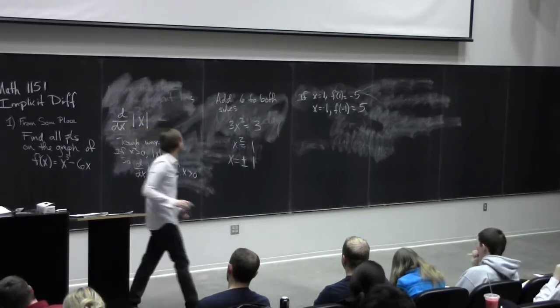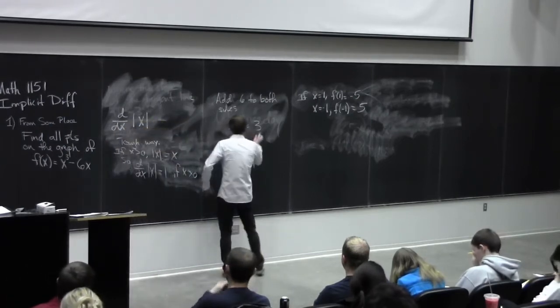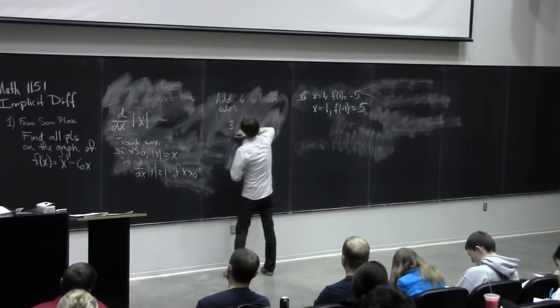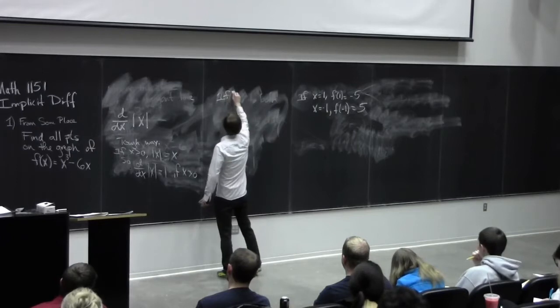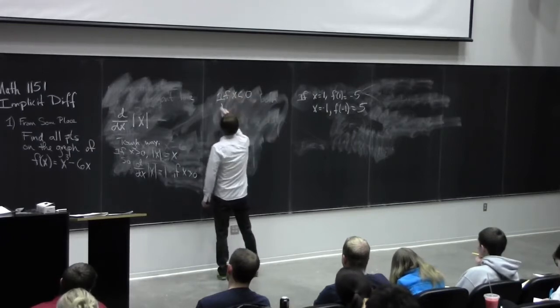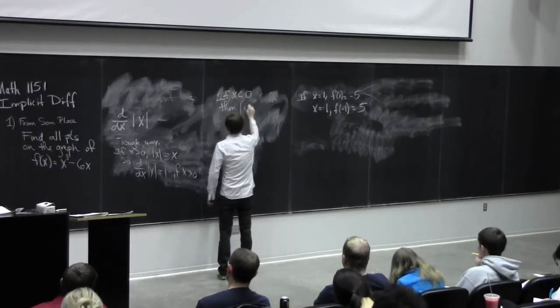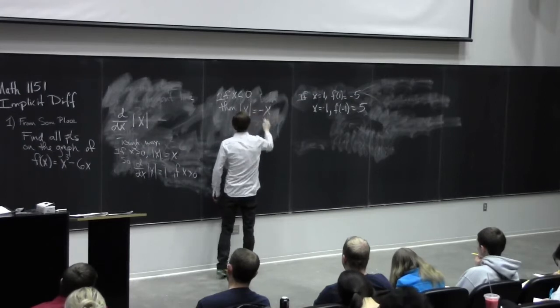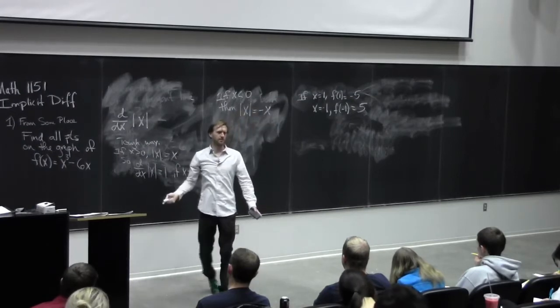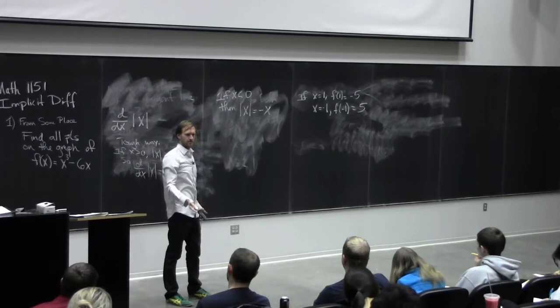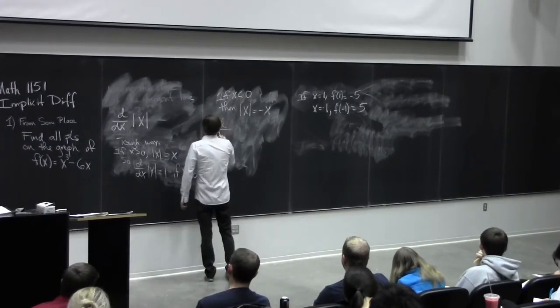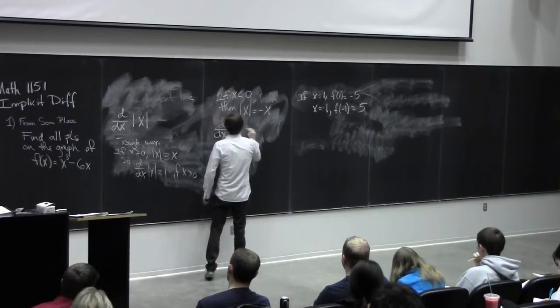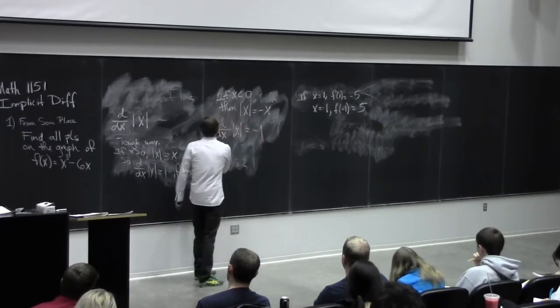And you say if x is less than 0, then the absolute value of x is equal to minus x, right? And so d over dx of the absolute value of x is equal to minus 1.